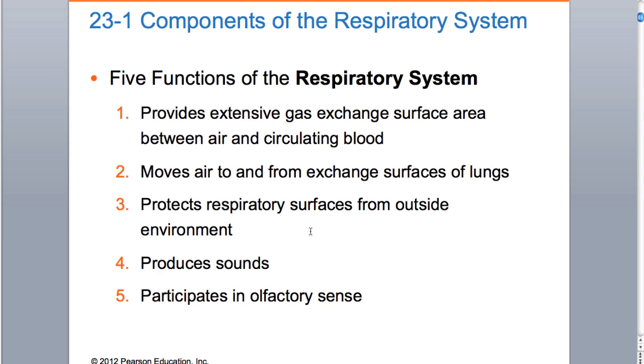This is where that mucus story comes into play. The last 2: producing sound, that's your vocal cords playing a role. And the last one that you saw in Biology 2401 in the nervous system with cranial nerve number 1, olfactory, the sense of smell. So these are your 5 functions of the respiratory system.